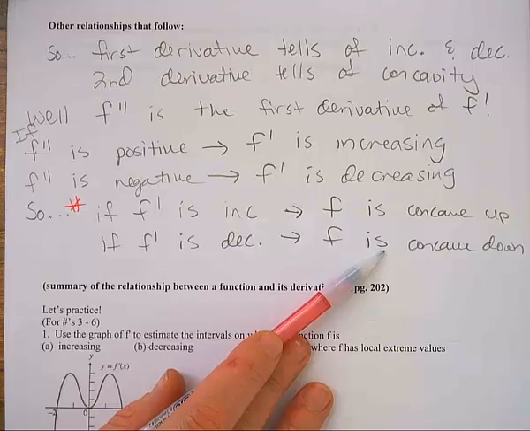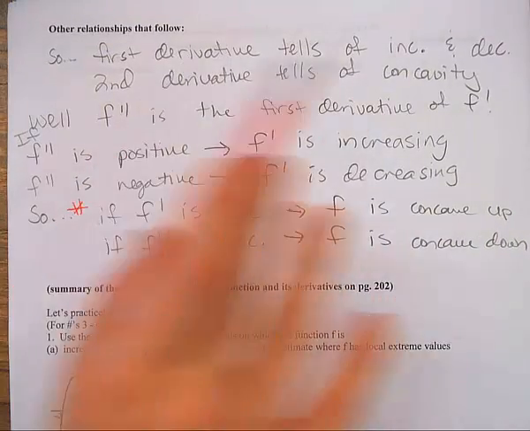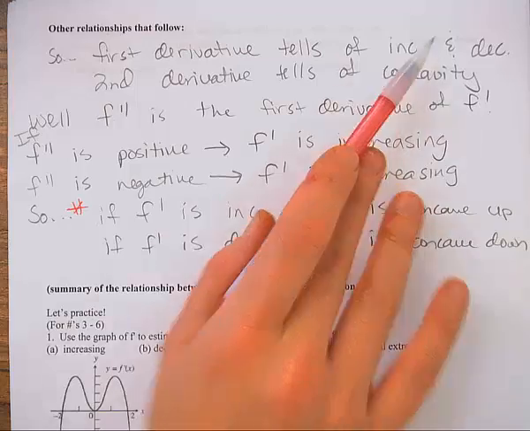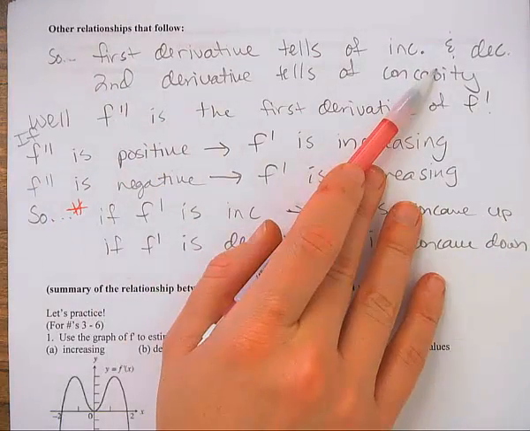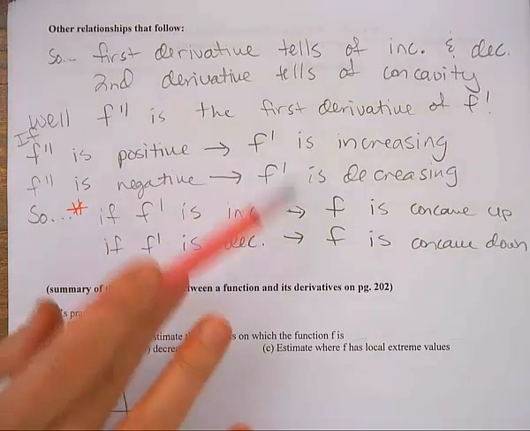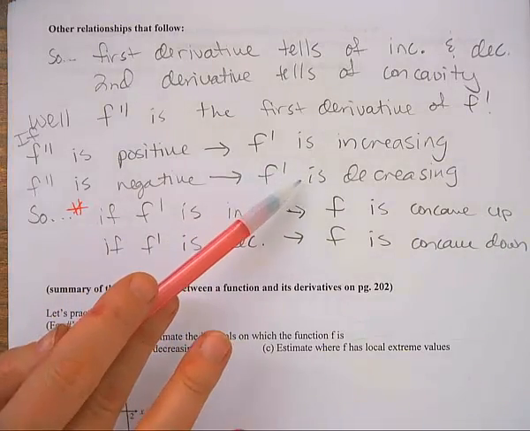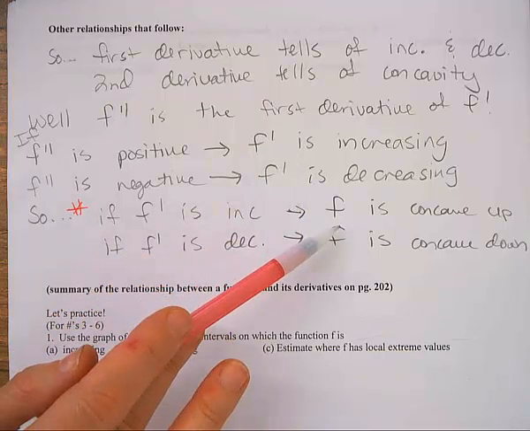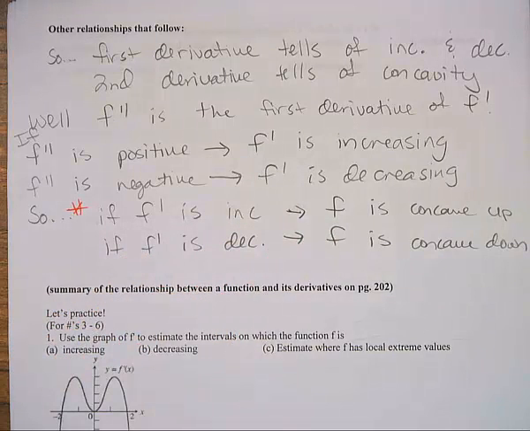So those are all the relationships. The first derivative tells of increasing, decreasing. The second derivative tells of concavity. And then now we also know that if the first derivative is increasing or decreasing, that can help us tell if the original function is concave up or concave down.